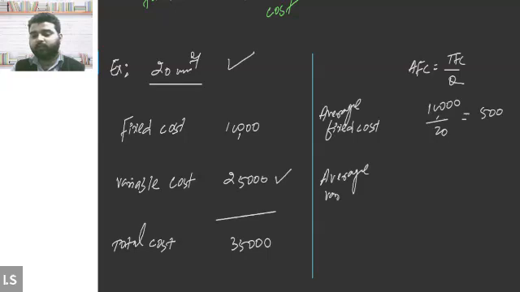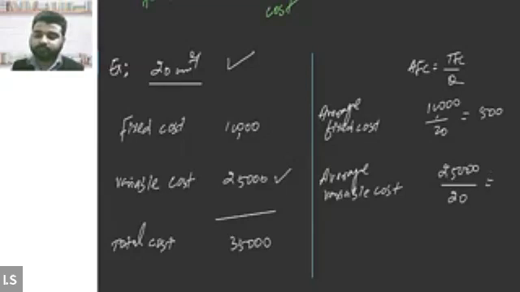So for calculating average variable cost, we can divide the total variable cost incurred by the quantity produced. So this will give us the answer. So it will be how much? 12,000. Sorry, 1250. Right? So this will be the average variable cost.